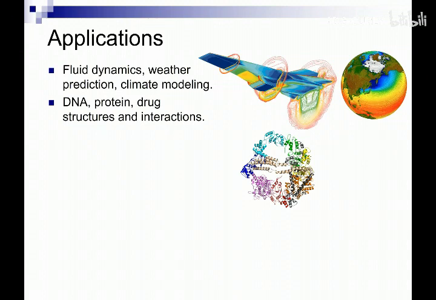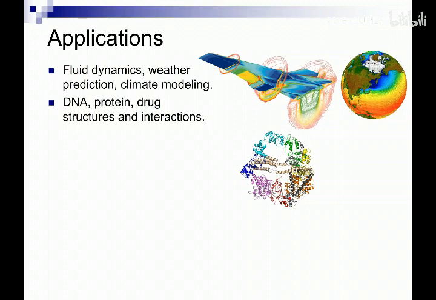Another type of simulation that we can do are simulations for biological applications. For example, we can do simulations about how proteins will behave. We know that the function of the protein is based on the structure of the protein, so given a description of the protein in terms of its amino acids, we want to know what shape that protein will take.